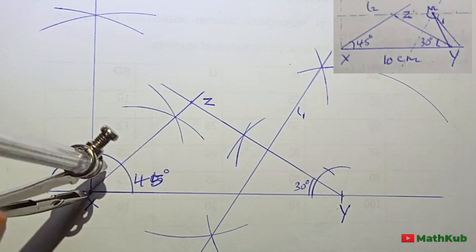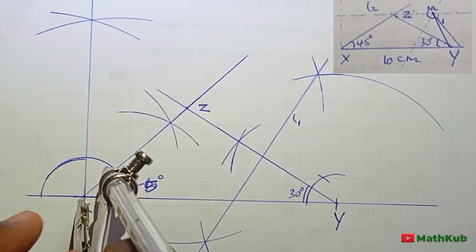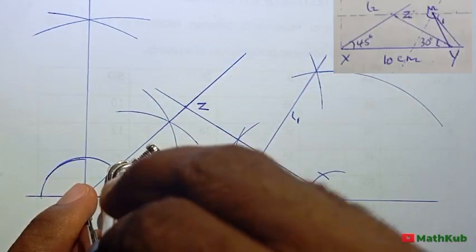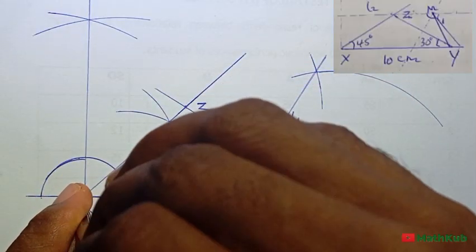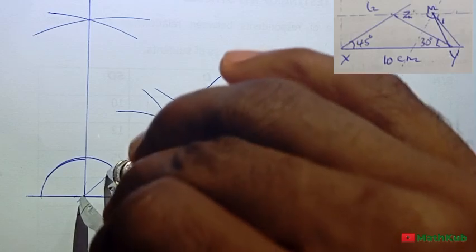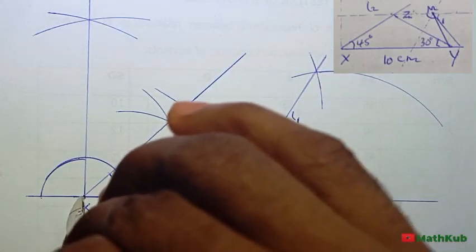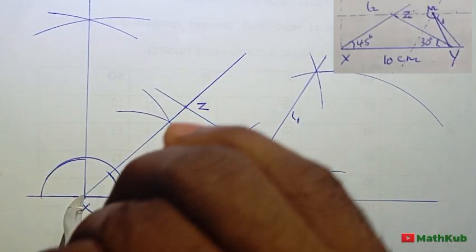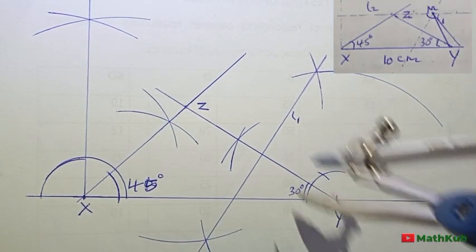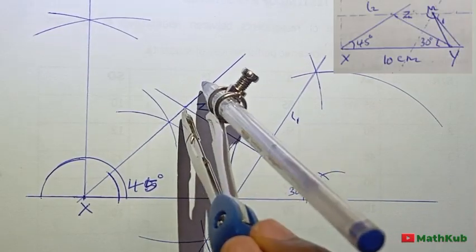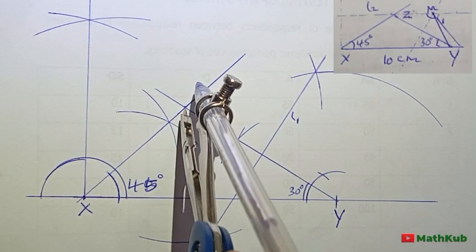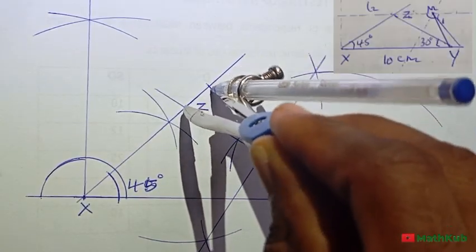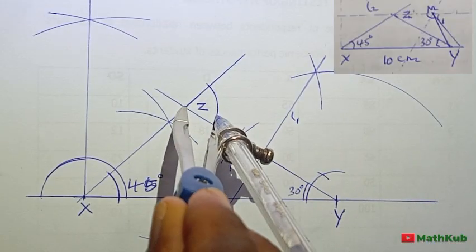Pay attention. With X as center and any convenient radius, you draw an arc to cut line XZ and line XY, and then with that same radius, with Z as center, you draw an arc here to cut this line and then produce it down small.